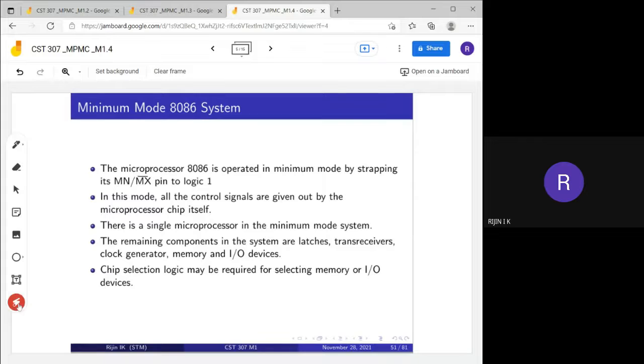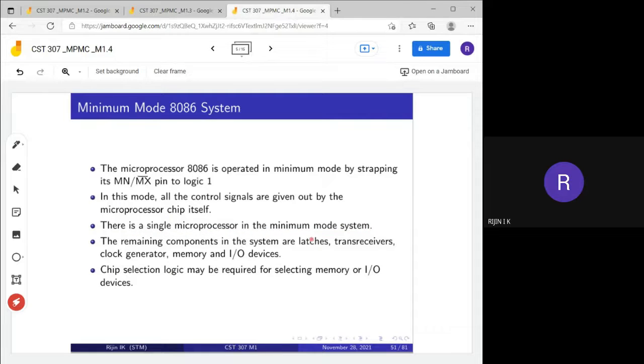And in this mode all the control signals are given out by the microprocessor chip itself. That is, that one processor gives all the control signals, because there is only one processor in minimum mode operation. There is a single processor in the minimum mode system.